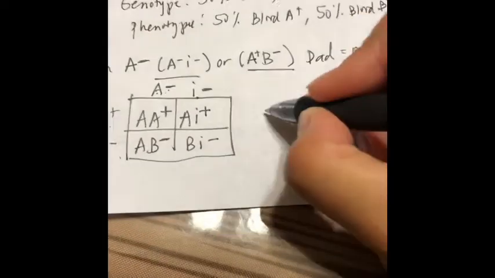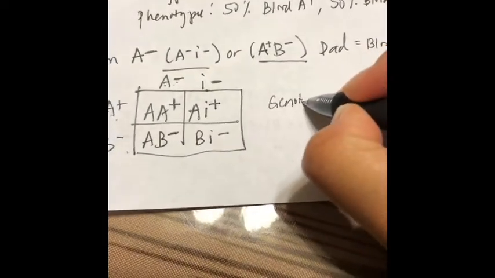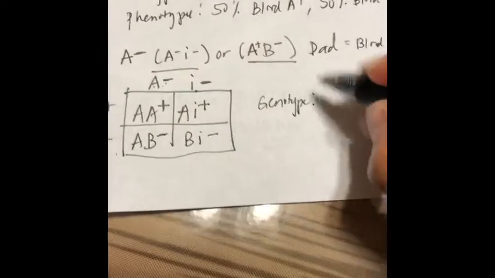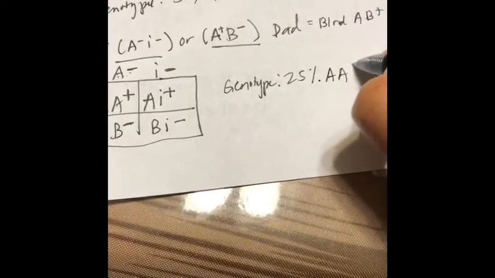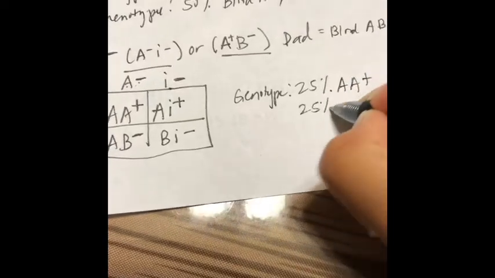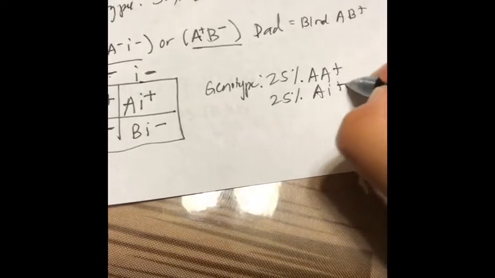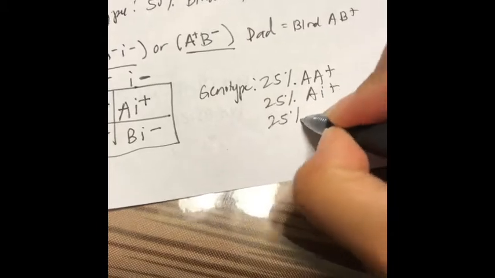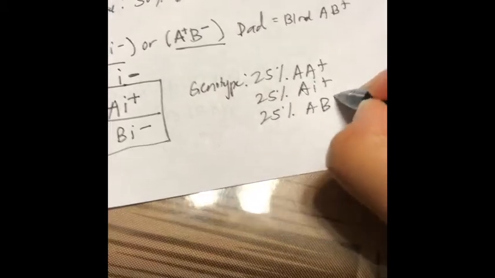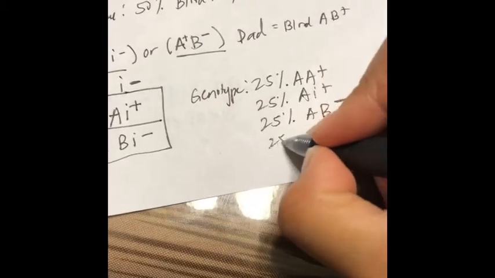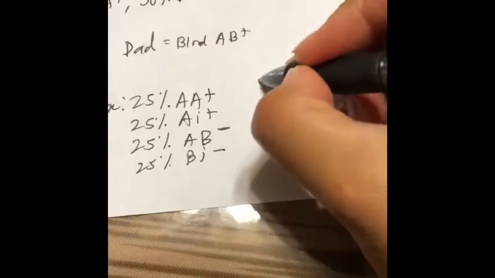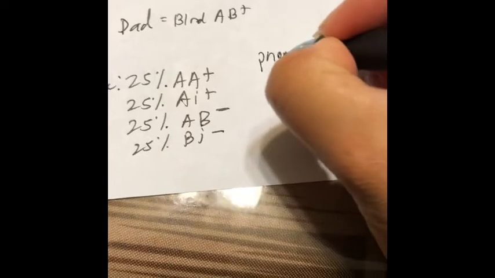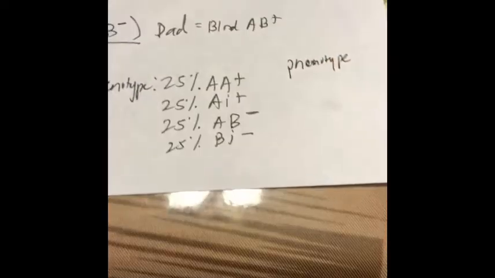Okay, so now the genotype ratio would be 25% AA positive, 25% AI positive, 25% AI negative, and 25% BI negative. But the phenotype would be a little different.